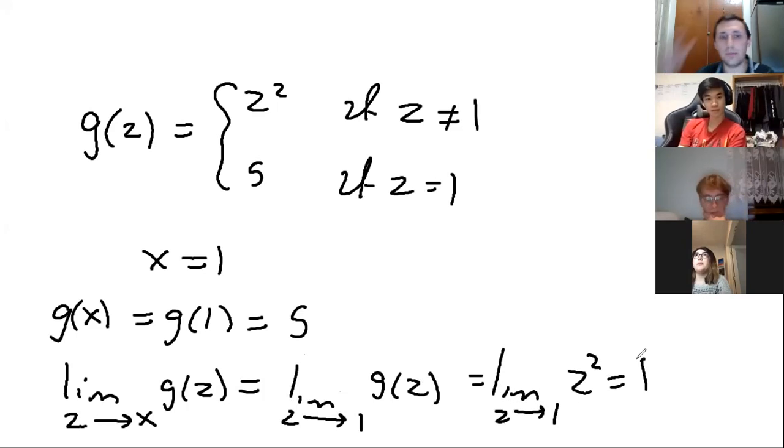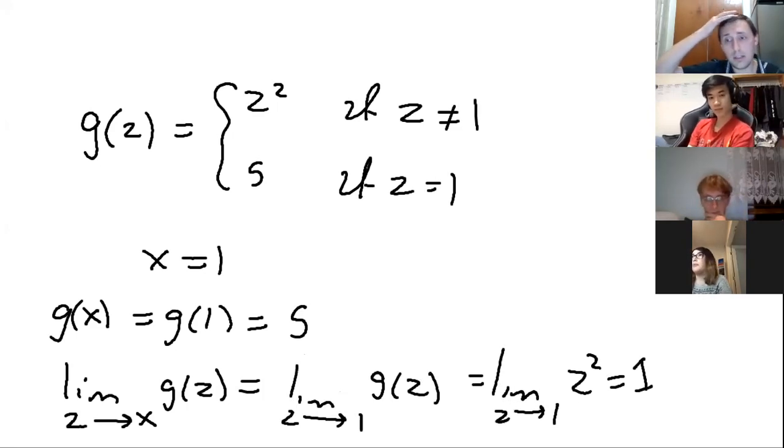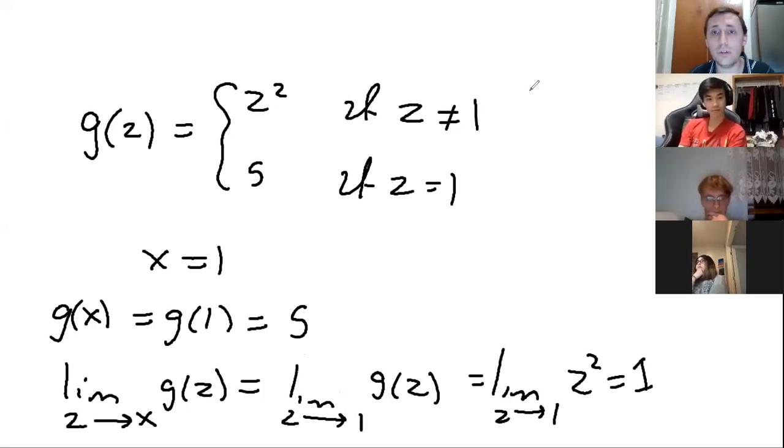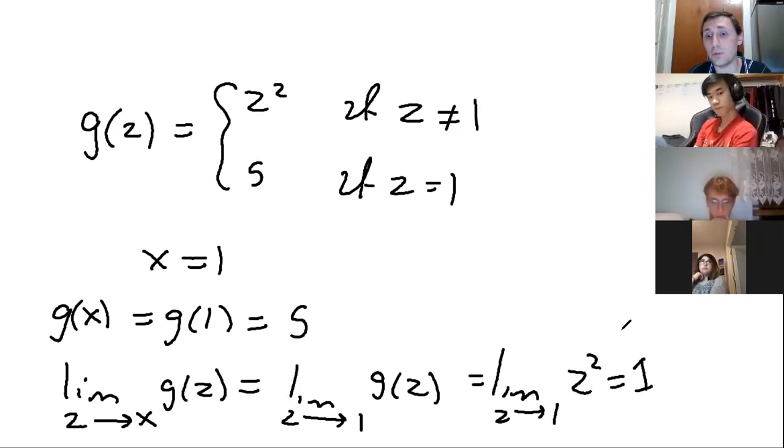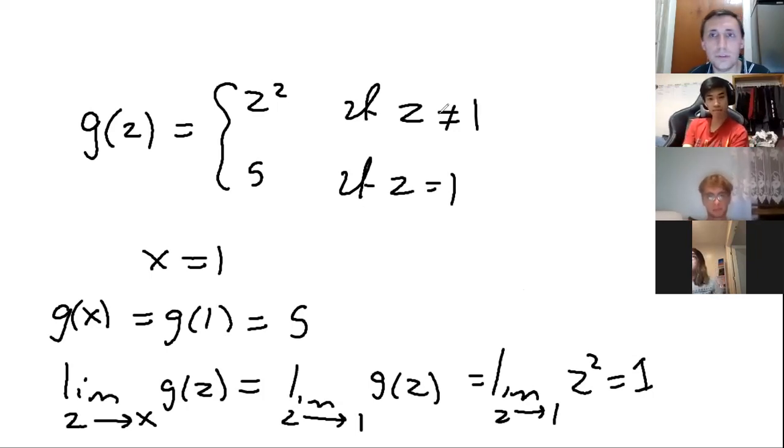That's what I'm trying to say, guys. Plugging in 1, when g digests 1, it produces 5. When g digests numbers close to 1, it produces outputs that are close to 1. Not the same. So how do I know?